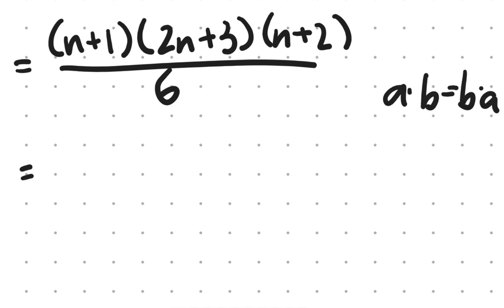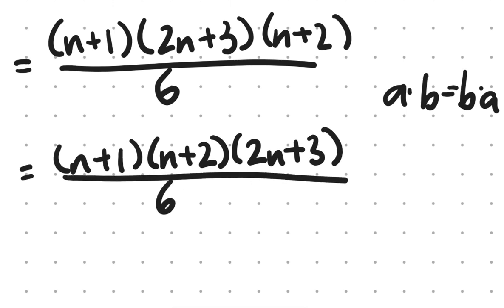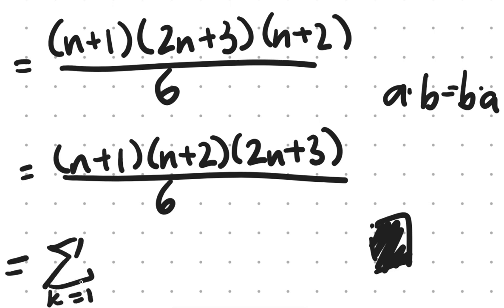So I'm just going to rearrange the parentheses and say that we have (n plus 1) times (n plus 2) times (2n plus 3) all divided by 6. And this is actually equal to the sum as k goes from 1 to n plus 1 of k squared, which was supposed in the first place, and we have just proven that this is actually true.